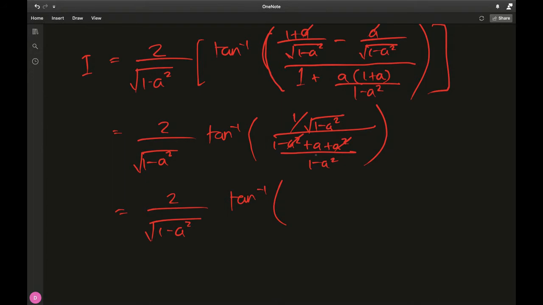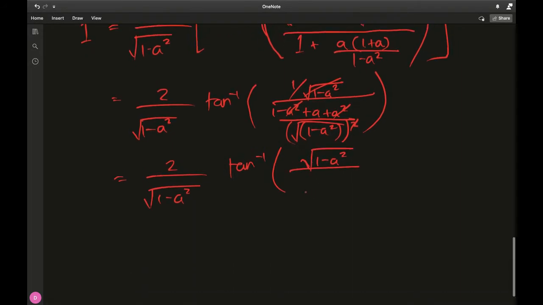inverse tangent of, well, this will cancel out with one of these because this is square root squared. So this will go in the numerator then: square root of 1 minus a squared divided by, well, 1 plus a.